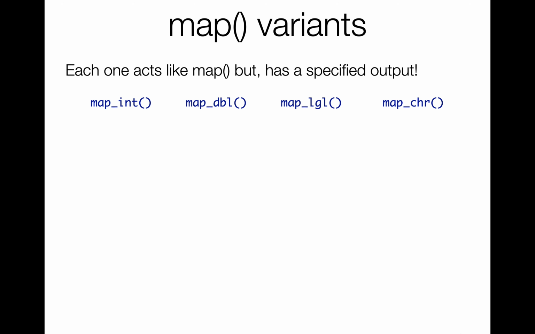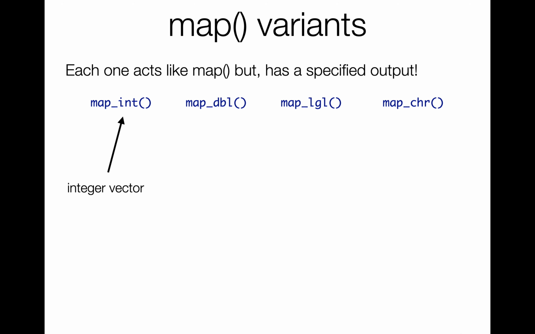Map int, map double, map logical, and map character. As you may surmise, map int is going to take in a list and then output an integer vector. If you try to use map int on something that doesn't output an integer vector, it's going to yell at you. So it's specialized in that type of way.